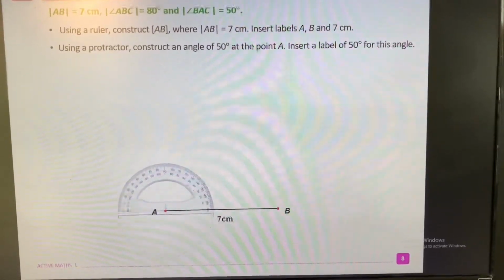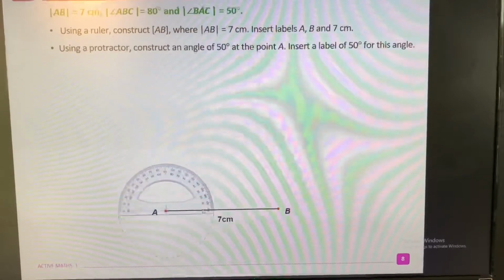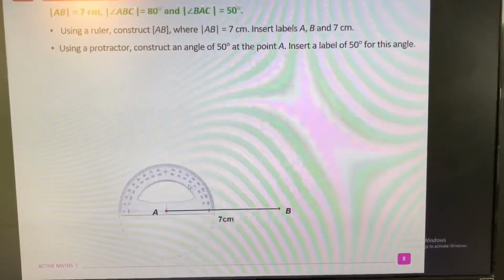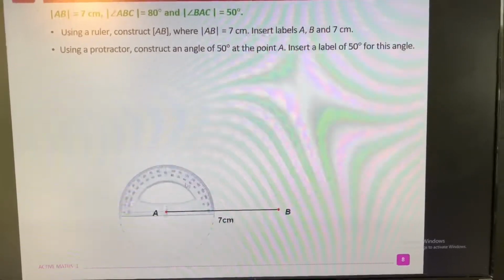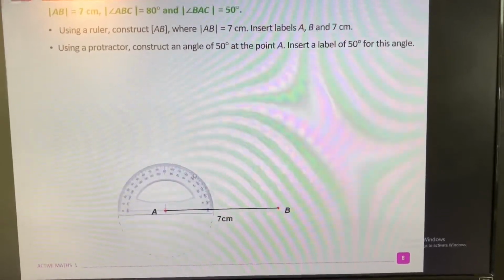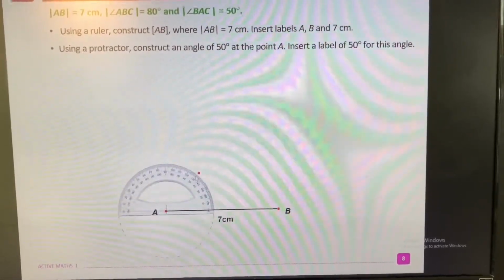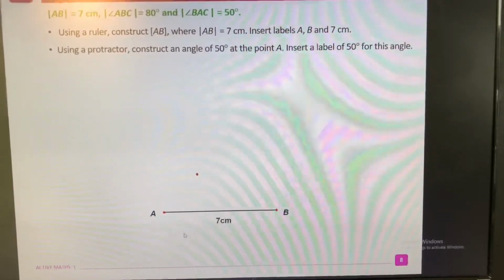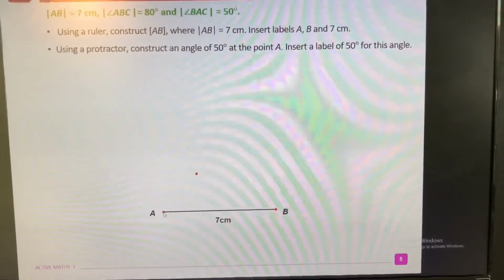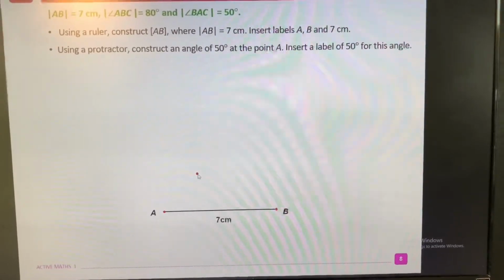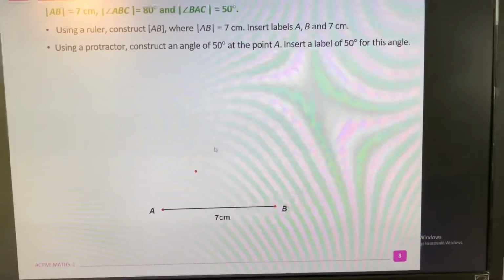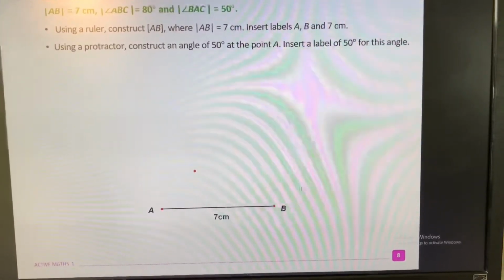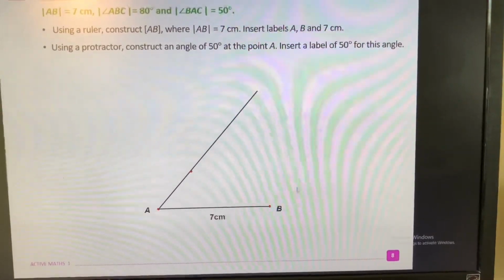So we're going to be counting up from these numbers, going up from 0 until we find 50. There it is. So we'll place a small dot then outside of the protractor, and we're then going to use a straight edge, and we're going to connect the point A through, passing through this point and going nice and high up our page. Again, that's our construction workings.